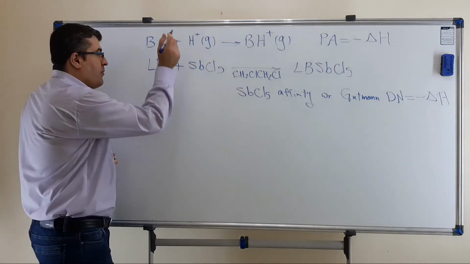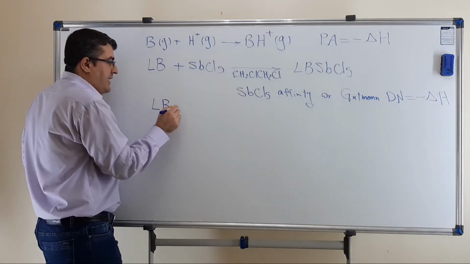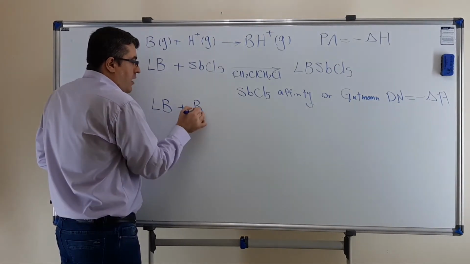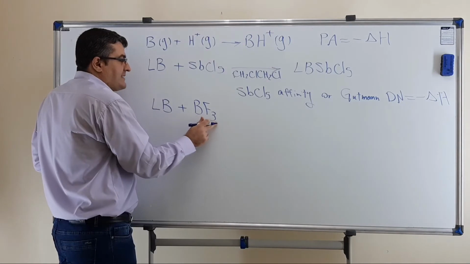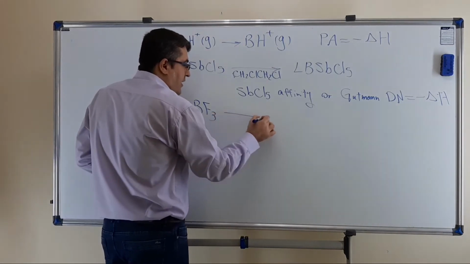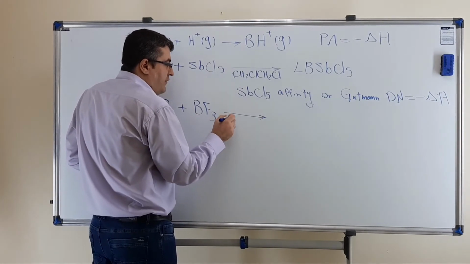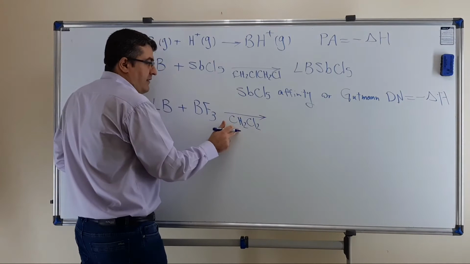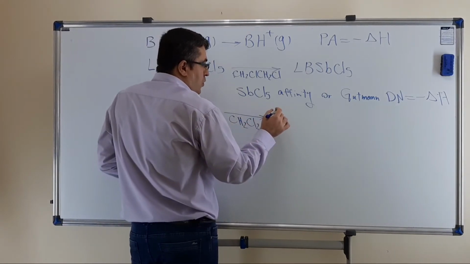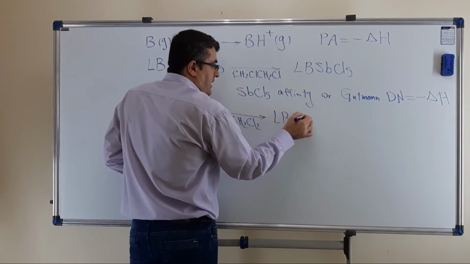So the general form of the reaction can be written like this. The Lewis base and BF3, boron trifluoride, as the reference Lewis acid, react with each other in dilute solutions of dichloromethane as the solvent to yield the Lewis adduct LbBF3.